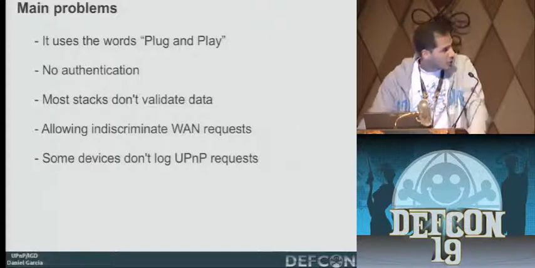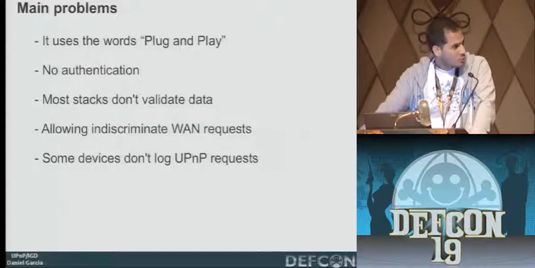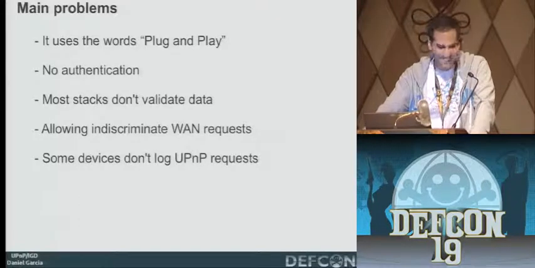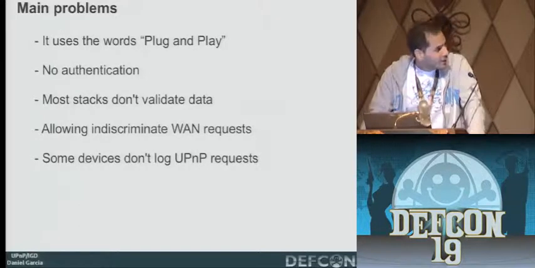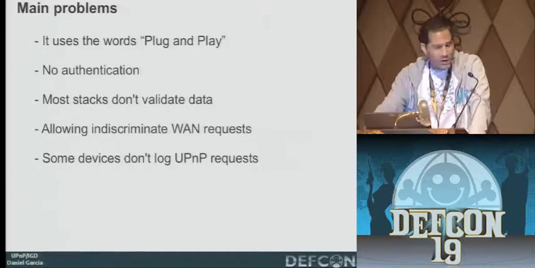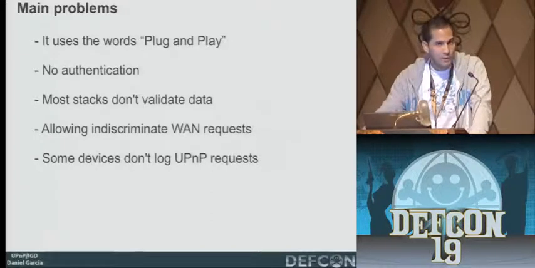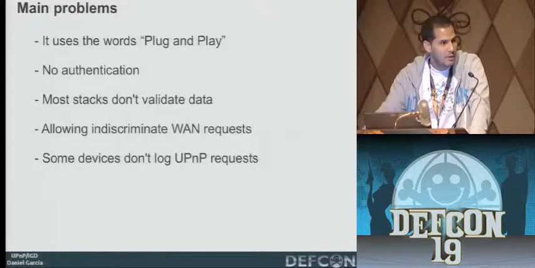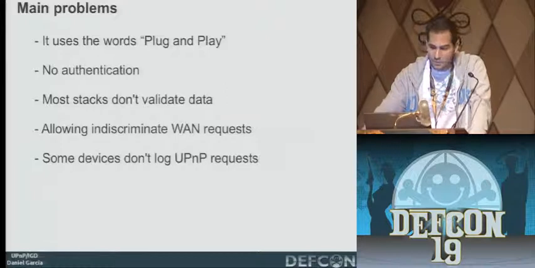To give them credit, though, on the IGD version 2 paper, they put that sentence in caps, so I guess they're making a better point now. And on the other hand, we have devices that don't even log UPnP requests. We can do whatever we want with it, and no one will ever see it because the device doesn't have the capacity of logging, which is also a bit weird.